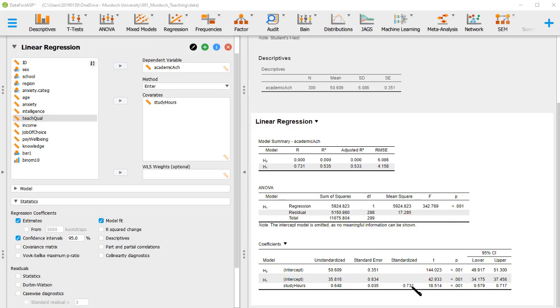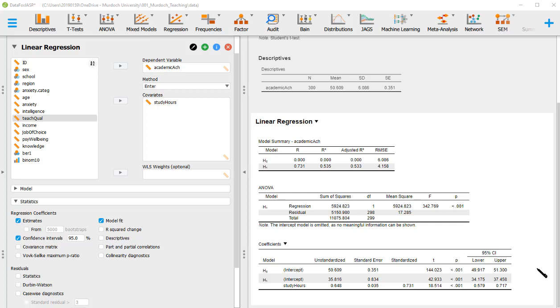So if you increase the number of hours of study by 1 standard deviation, you will increase academic achievement by 0.731 standard deviations.